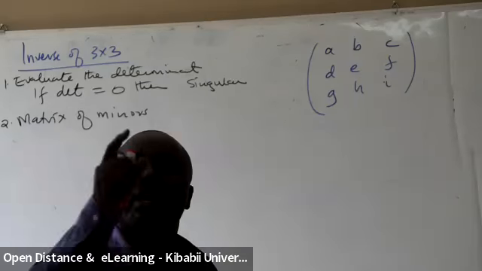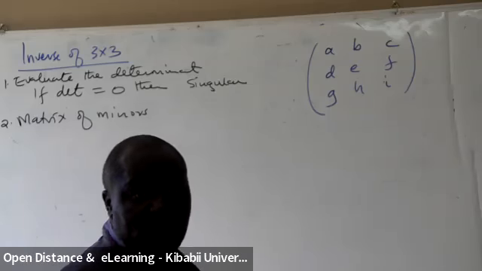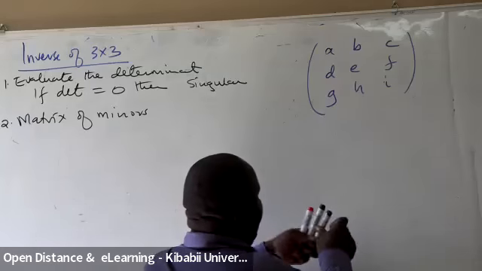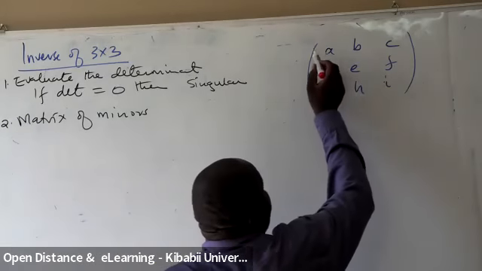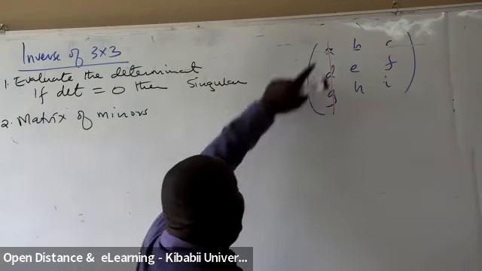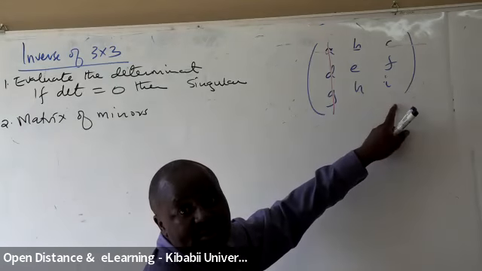How do we reduce? We reduce by deleting the appropriate row and column where that element lies. Look at A, for example. A is on row 1, column 1. So A is replaced by the determinant of E, F, H, I.